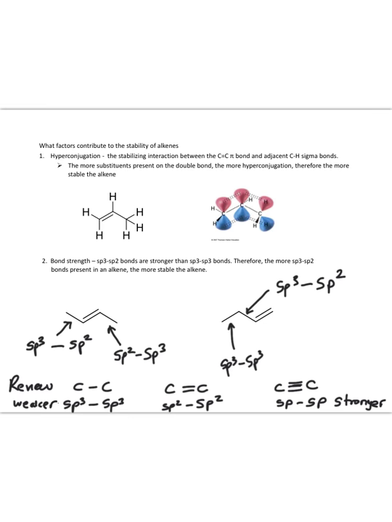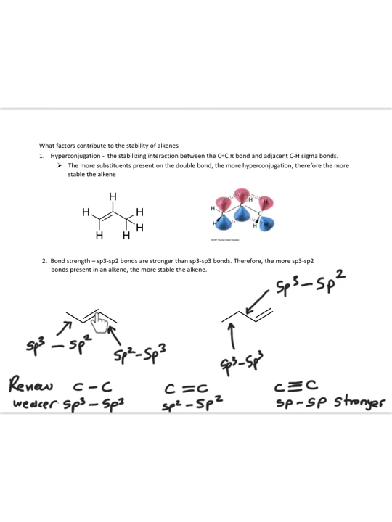Hydrogens are not considered as substituents. Okay, so in this case, this bond here is made by an sp3 orbital which bonds to an sp2, and then this bond here is an sp2 with an sp3. So these are the orbitals that are making this bond.